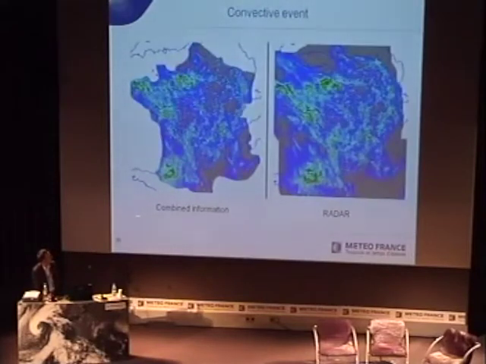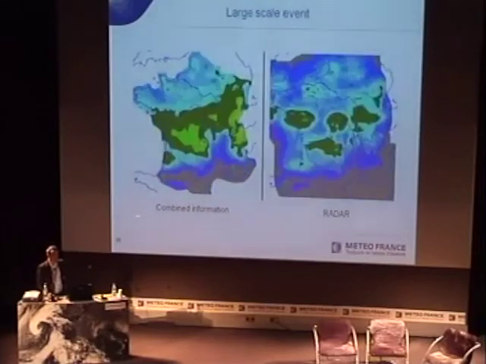Here is another example for different events, convective events, when you have storms and so on. Here you have the radar information, and here you have the spatialized information, including the rain gauges. In the previous example, it was really important to have rain gauges because they are accurate and can give you a better idea of what's going on.